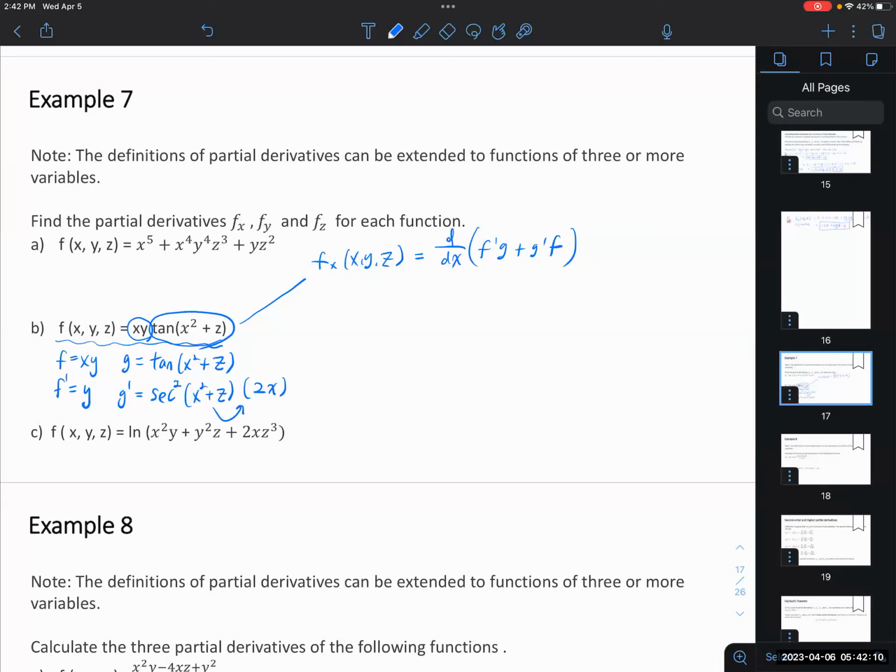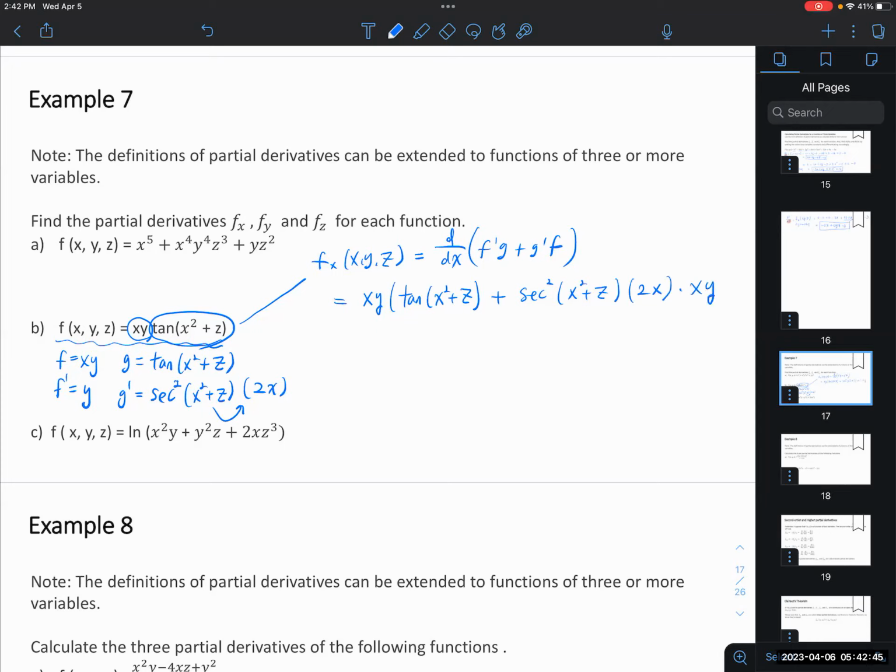So we did that. We found f prime and g prime. So the answer will be f prime g, right? g was tangent x squared plus z, plus g prime, secant squared x squared plus z, and then 2x, that's g prime, and f is xy.